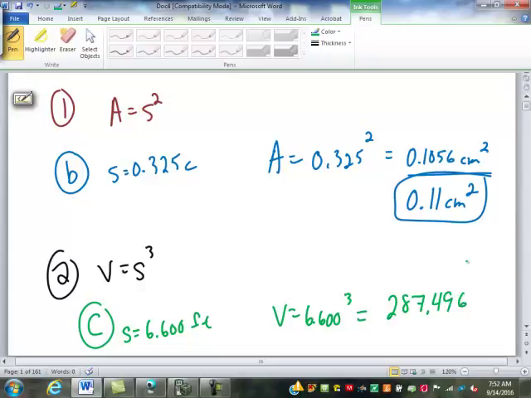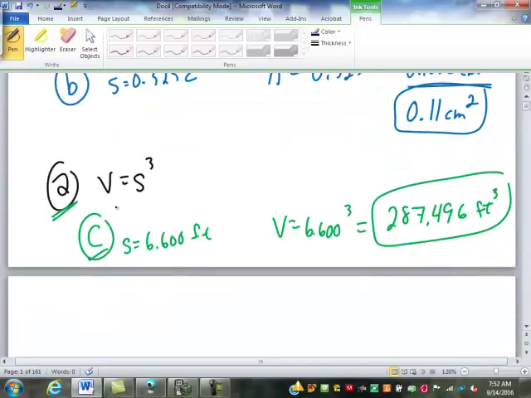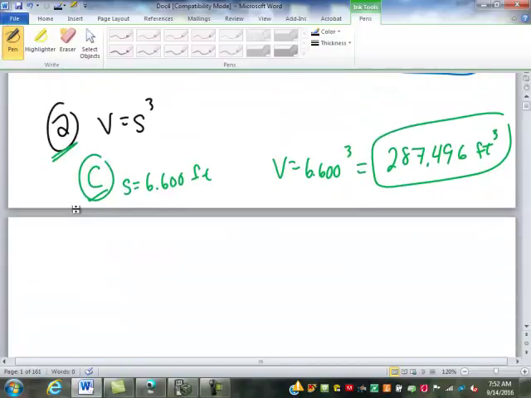This is number 2, part C. And this is saying to leave it to 3 decimal places, so we're good there. That will be feet cubed. Number 2 told you in the problem to round to 3 decimal places. Any questions so far?